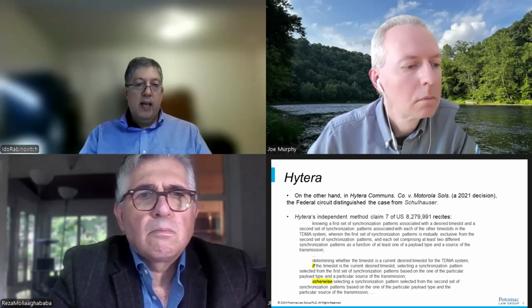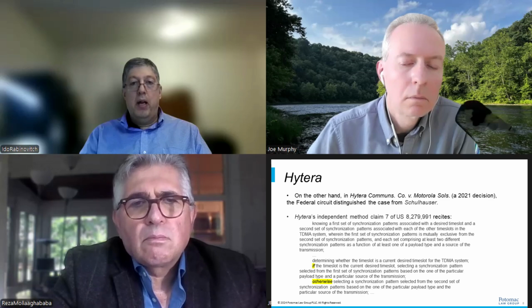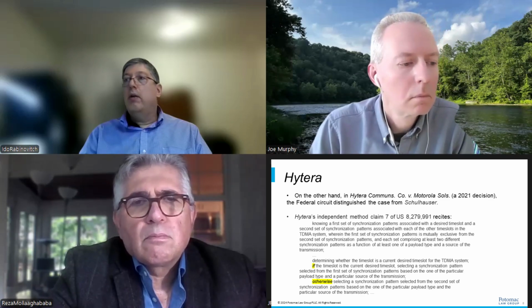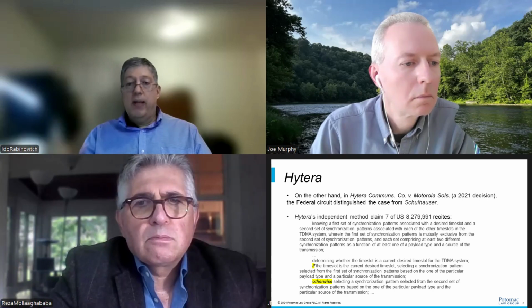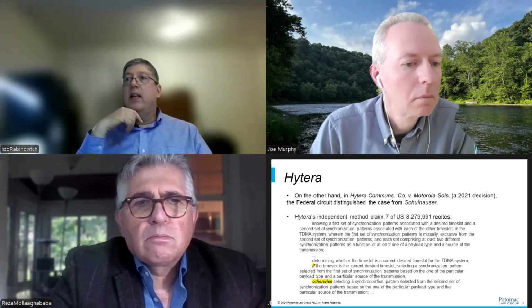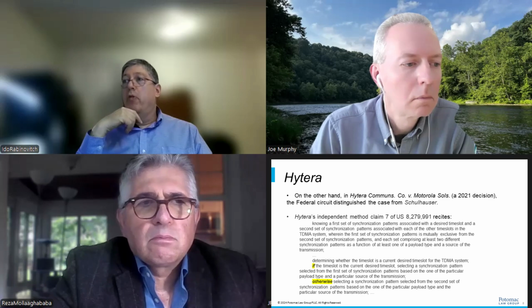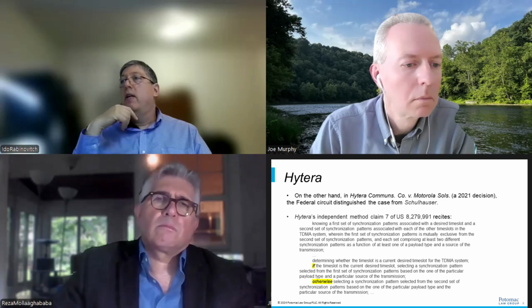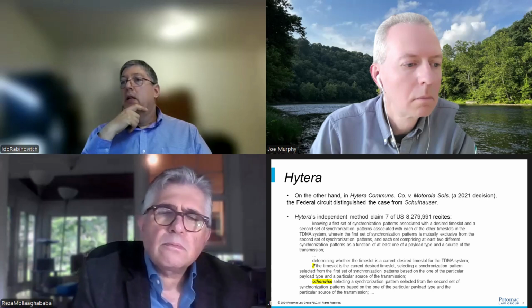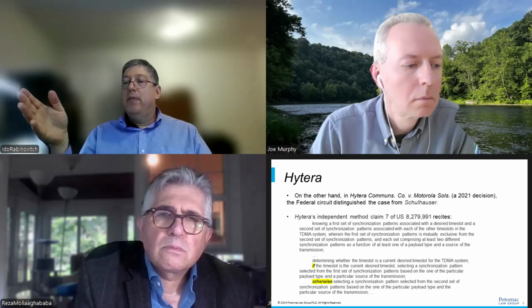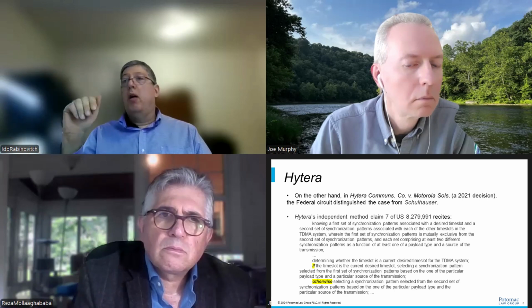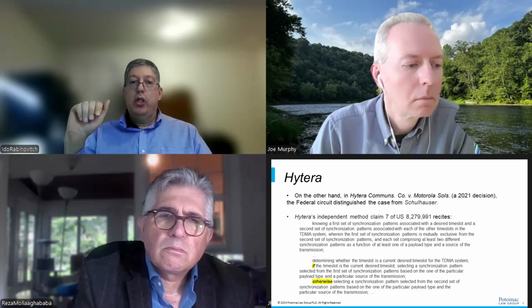This specific case did come from litigation. It was an appeal from an IPR where the petitioner, the requester of the IPR, was looking to invalidate a claim by Motorola, the 8279991 patent. On my slide, I reproduced the important part of the claim that was at issue.